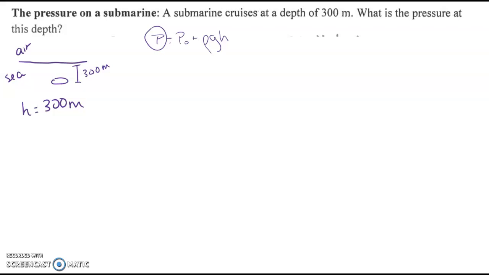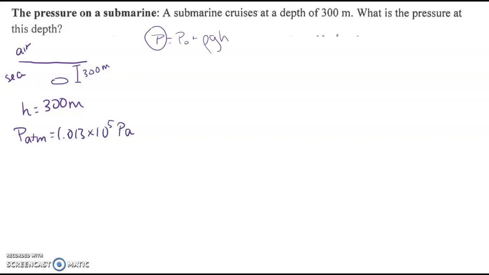So we need to figure out our P naught. Our seawater is at the boundary with the air, so it's going to be the pressure due to the air above it, which is atmospheric pressure. So we're going to need atmospheric pressure, which is 1.013 times 10 to the 5th pascals.